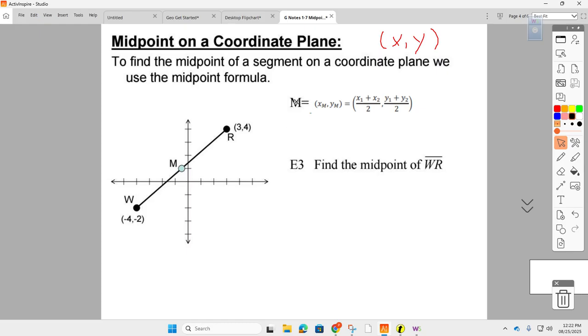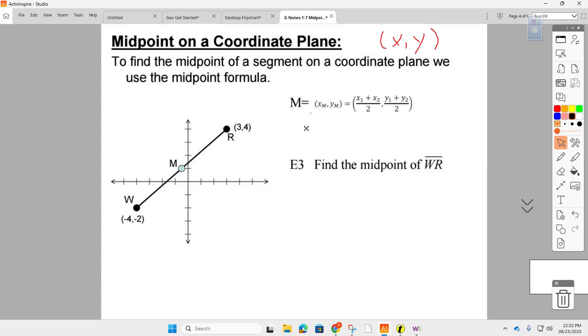M for endpoint. And the coordinates of the midpoint are going to be x sub m, where m stands for midpoint, comma, the y coordinate of the midpoint. That's what we're finding with this formula. This formula, we're going to separate into pieces.